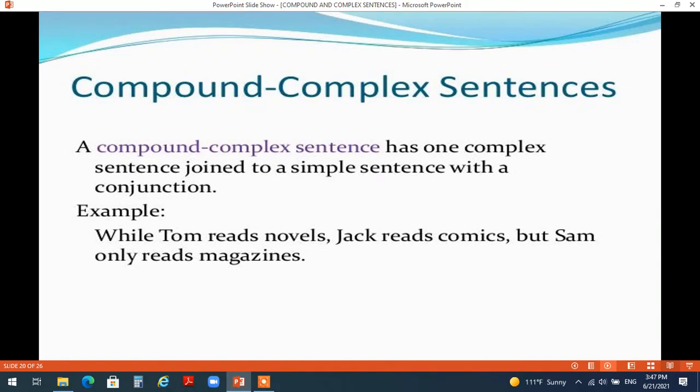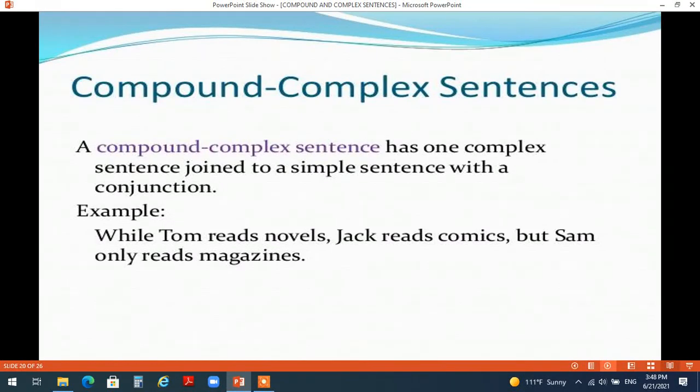Jack reads comics, this will be the independent clause. لحد هنا احنا عندنا complex sentence لأن عندي subordinator عندي dependent clause زائد independent clause. بعد ذلك ربطناها بجملة ثالثة باستخدام أداة الربط but which is a coordinator.